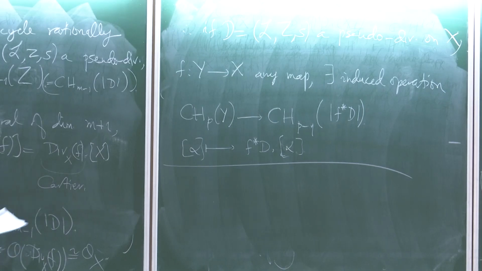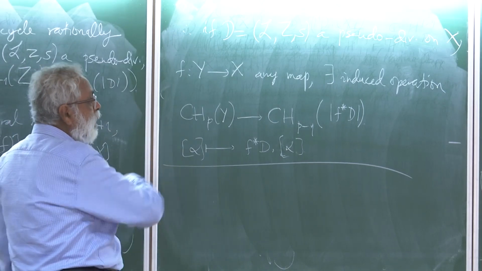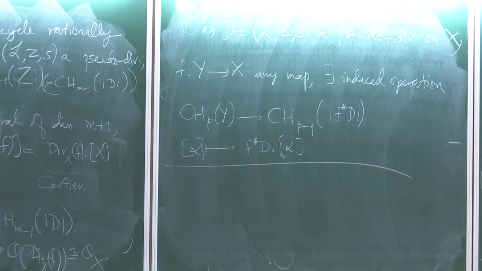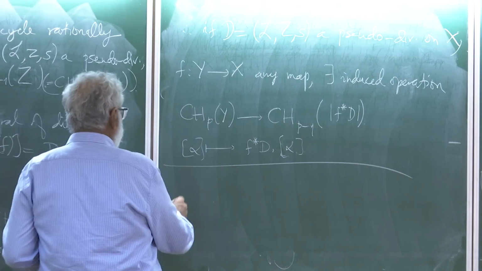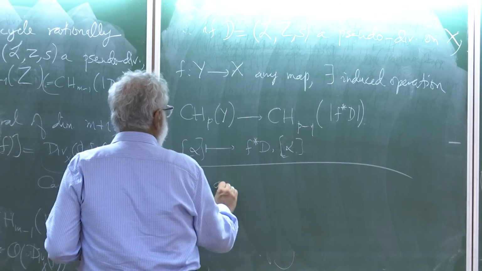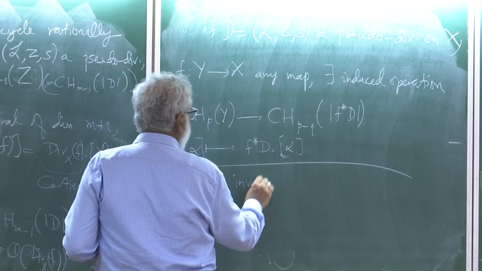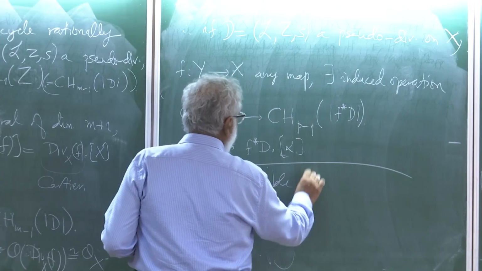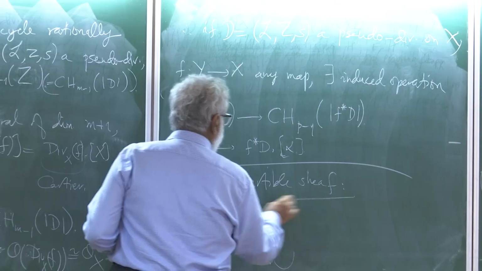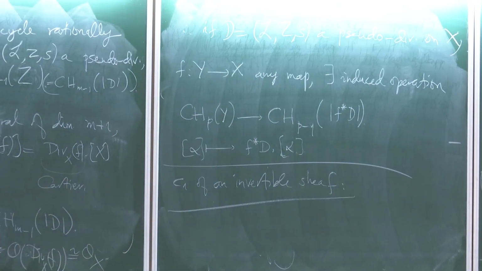Okay. Now I can abandon some of this pseudo divisor stuff and go in the direction more of Chern classes and cycles and the like. So let's talk now about C1 of an invertible sheaf. Let me remind you.